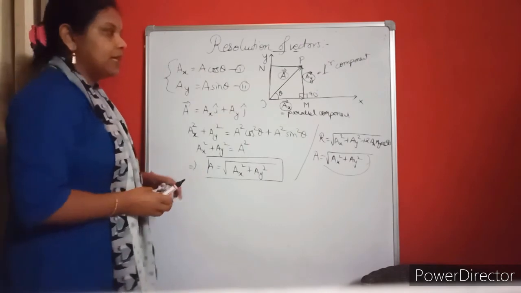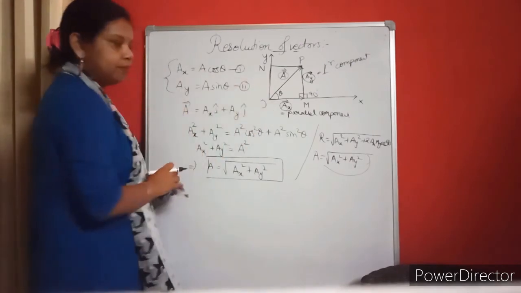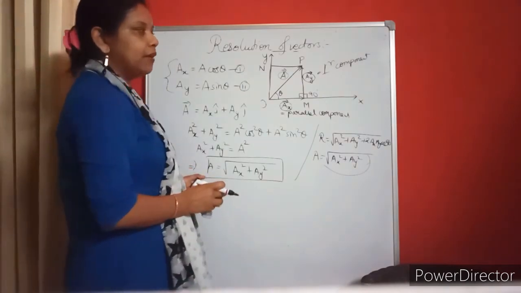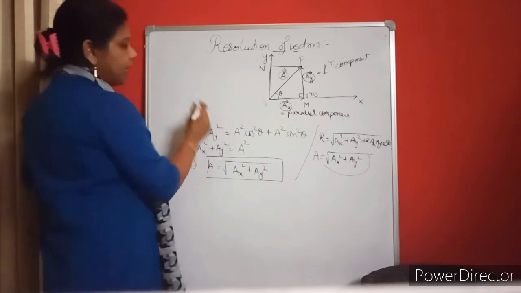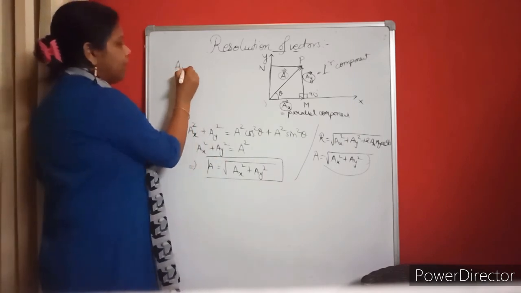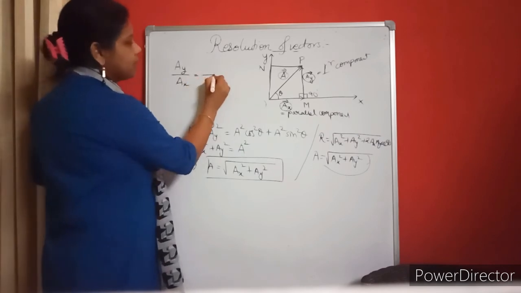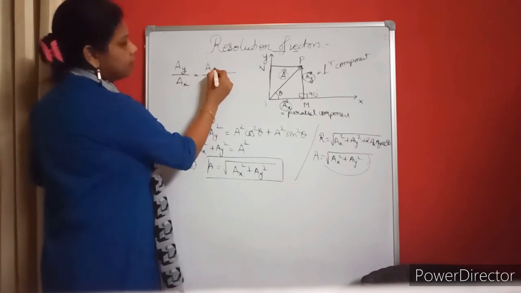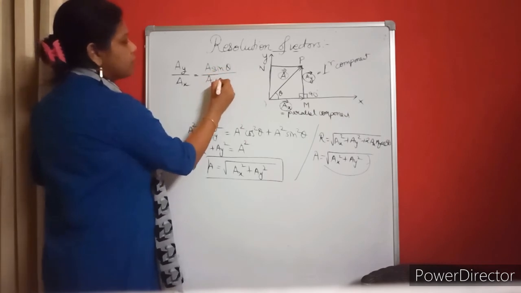So if it is asked what is the angle, what is the direction? I have written theta. So how can I write this? Tan theta will be, instead of going through so much, if I write AY by AX, what will happen? AY is A sin theta, AX is A cos theta.